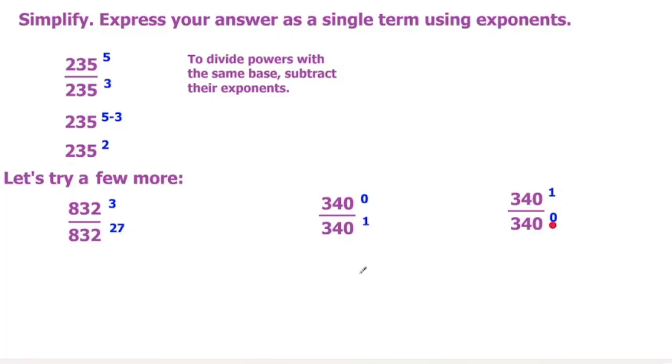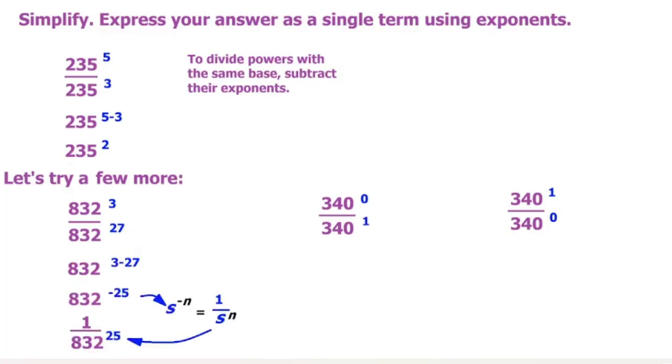So we have 832 to the power of 3 over 832 to the power of 27. Let's start with this one. So we just subtract. So 3 minus 27, we have 832 to the power of 3 minus 27.